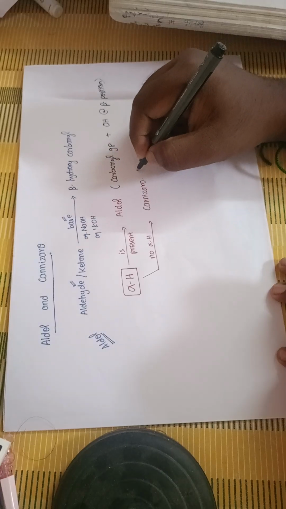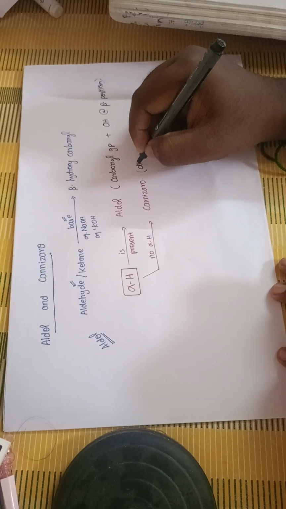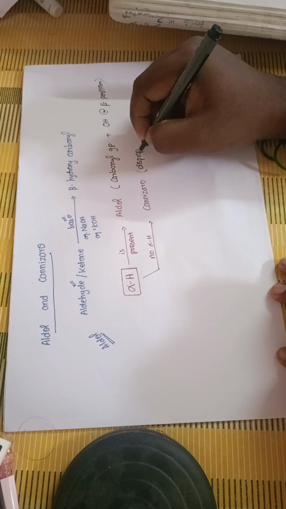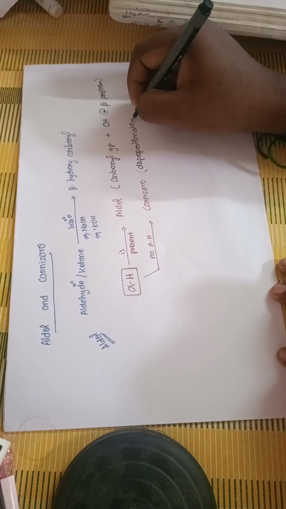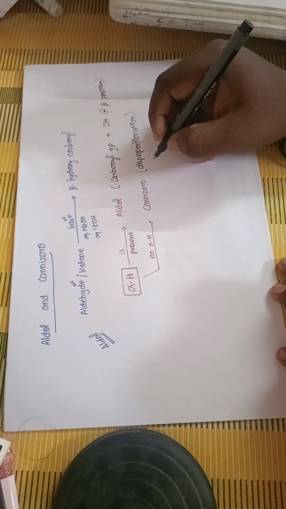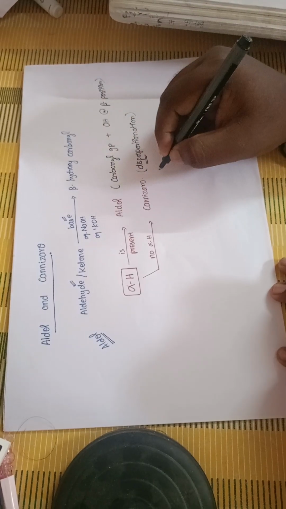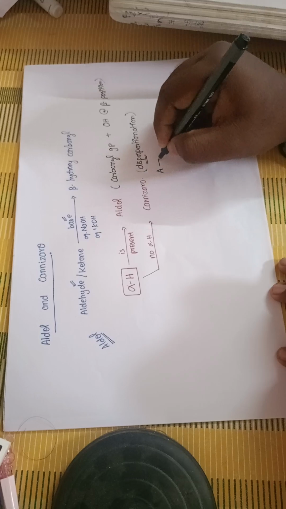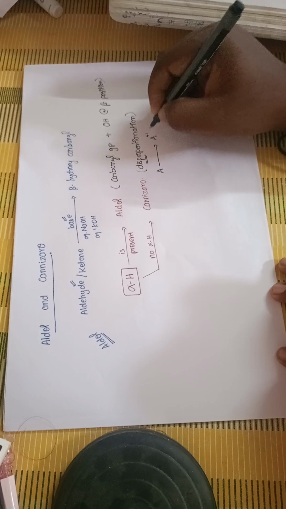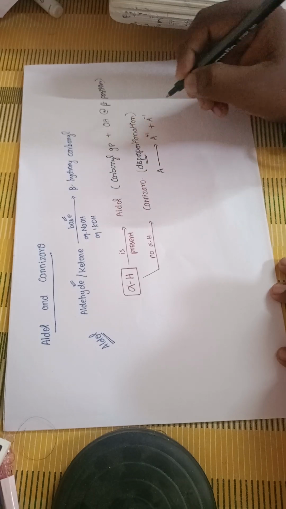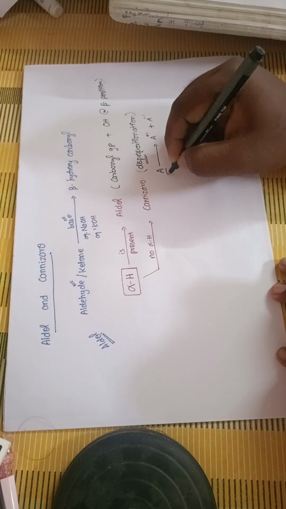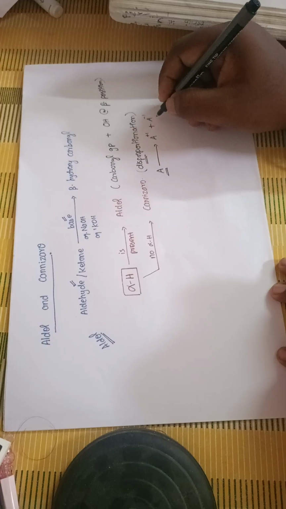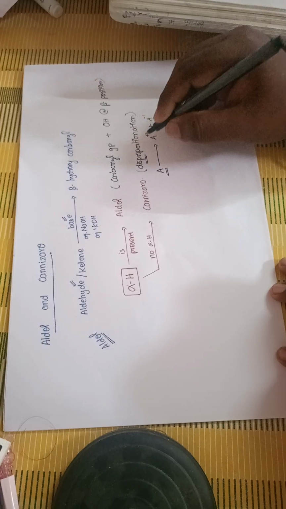In Cannizzaro, the reaction is actually a disproportionation reaction. Disproportionation means the same element undergoes both oxidation and reduction. A reaction in which the same element undergoes both oxidation and reduction is known as a disproportionation reaction.